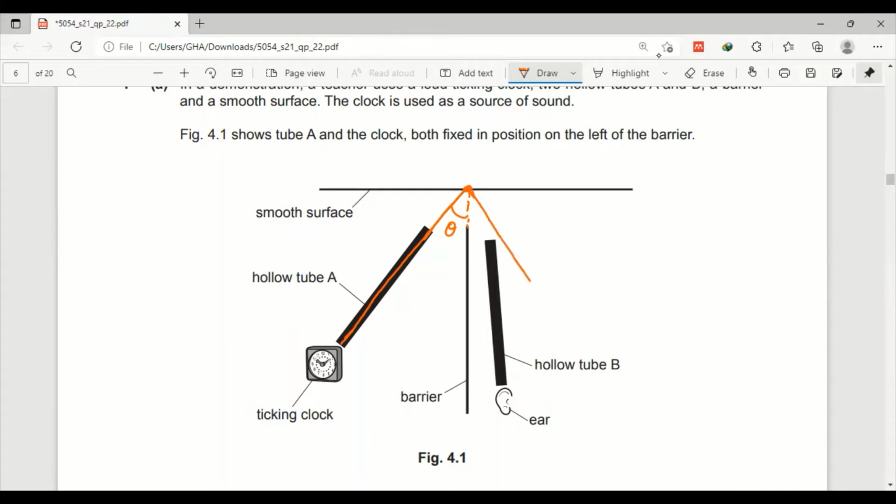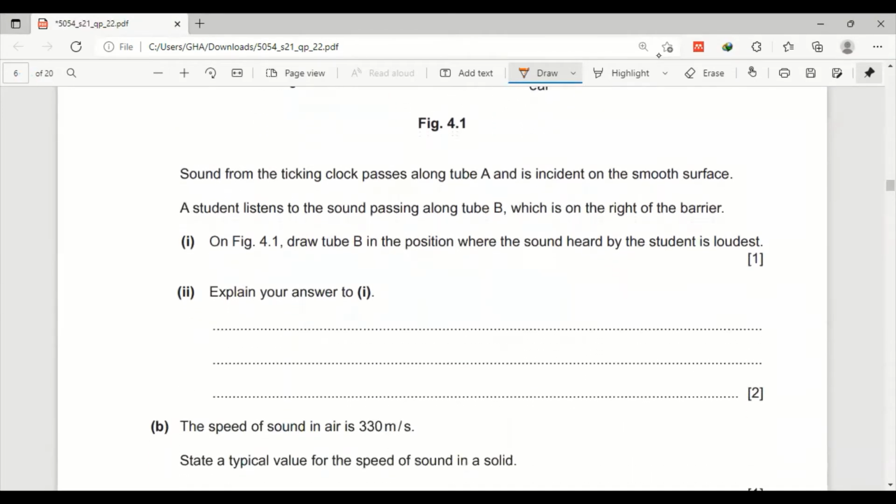So this is the reflection of the sound, same angle theta. It means we have to place tube B here. And then we will place the ear here to hear the loud sound. So the angle of incidence is equal to the angle of reflection. This is the logic here.